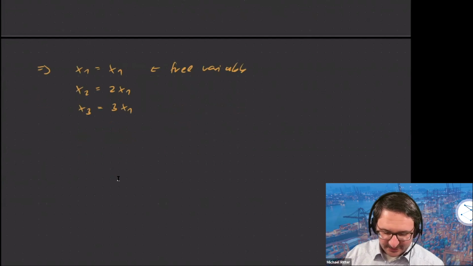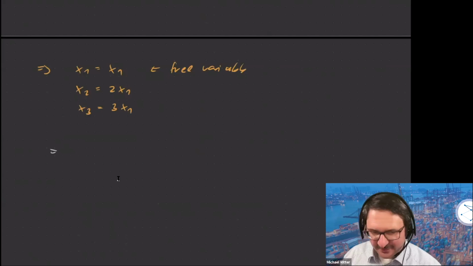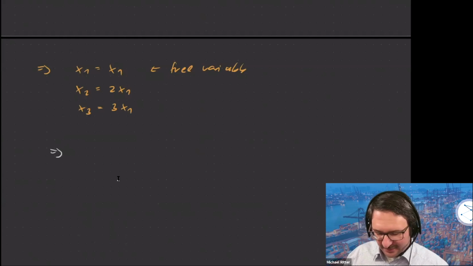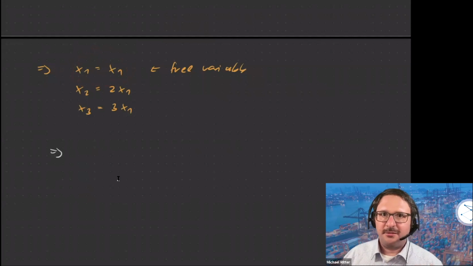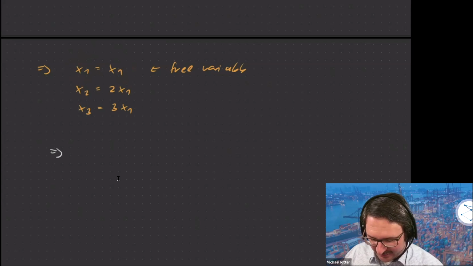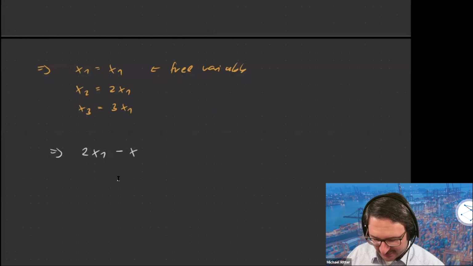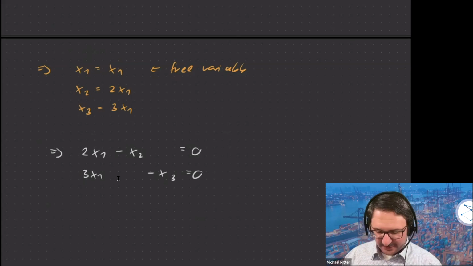So I just have to reformulate that system a little. The first equation is not really necessary; I could just throw that away, as it doesn't yield anything useful. The others I just reformulate slightly to get the desired form. So that is 2x1 minus x2 equals 0, and 3x1 minus x3 equals 0.